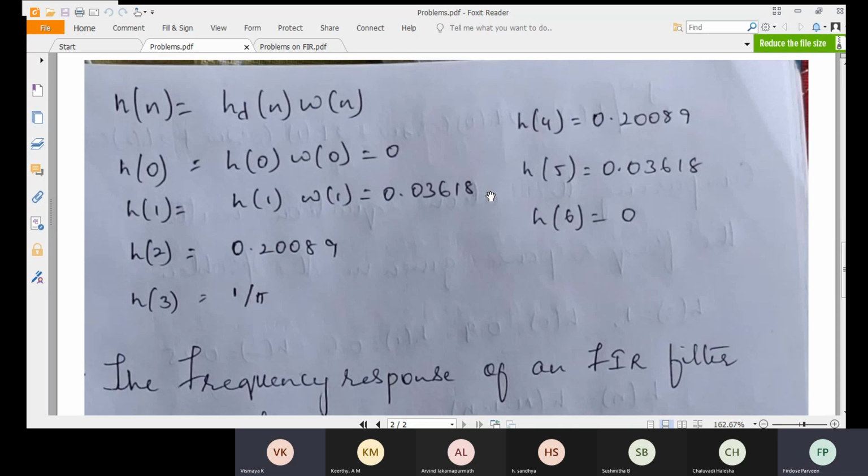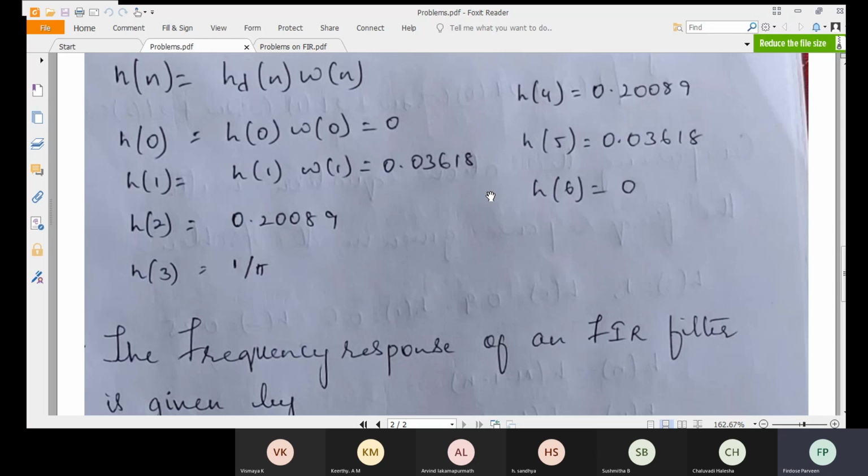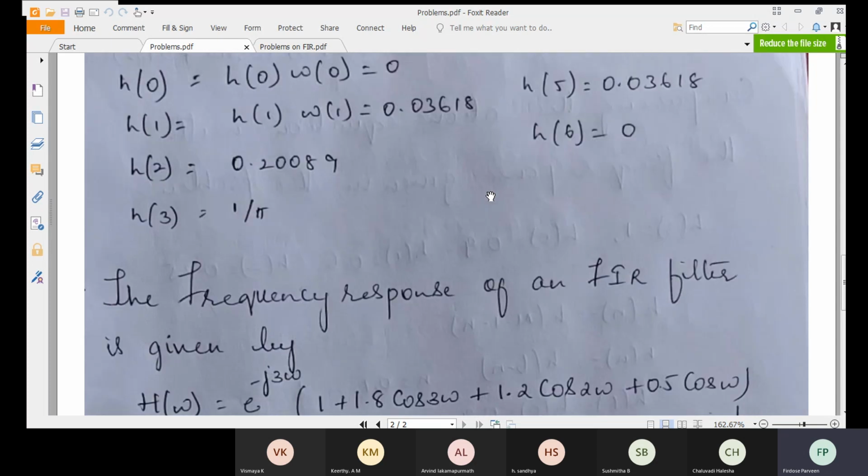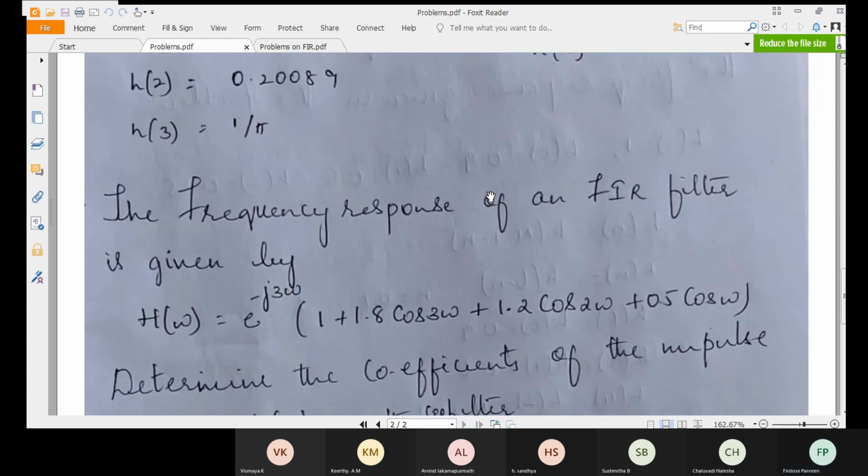Next problem you will take down. The frequency response of an FIR filter is given by h of omega, which is equal to e to the power of minus j3 omega into 1 plus 1.8 cos 3 omega plus 1.2 cos 2 omega plus 0.5 cos omega.